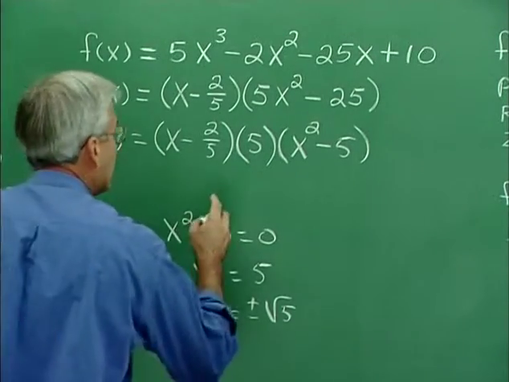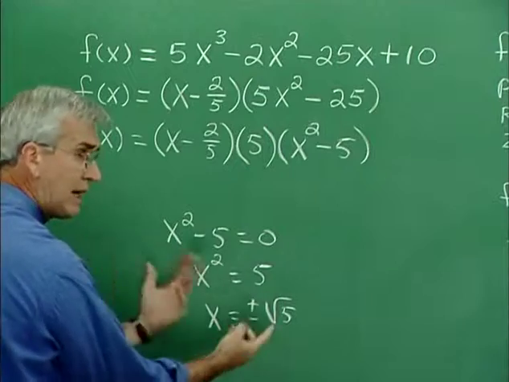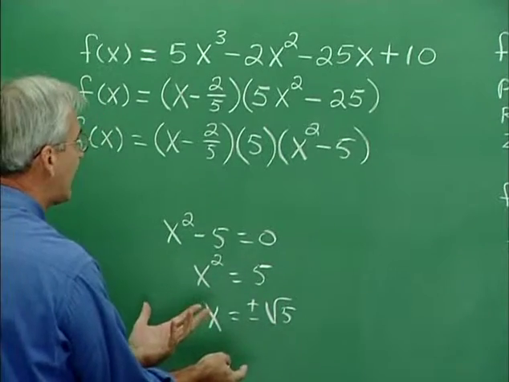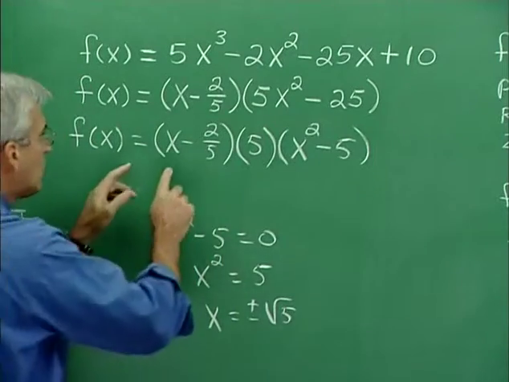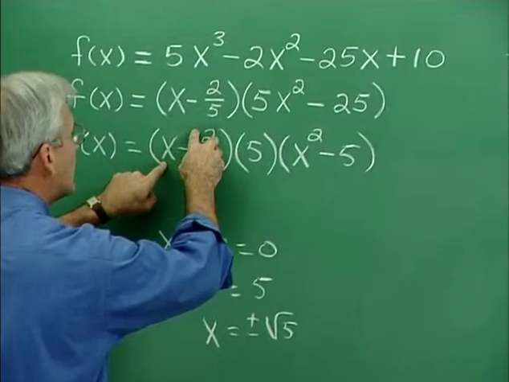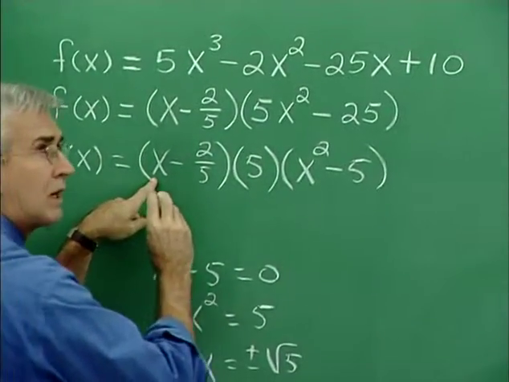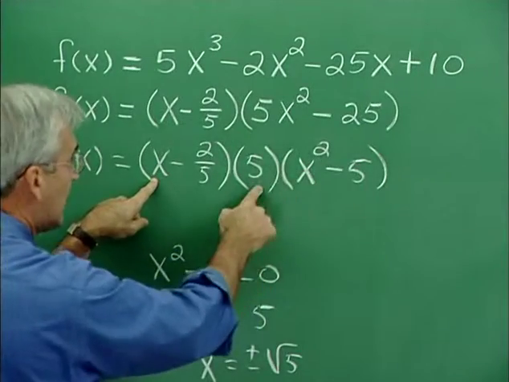So now I can continue the factorization. If these are zeros, they lead to factors, and so I can write those factors. On the way, though, I'd like to show you this: a lot of times when a linear factor contains a fraction like this, you'll get a common factor in other parts of the function, like here.